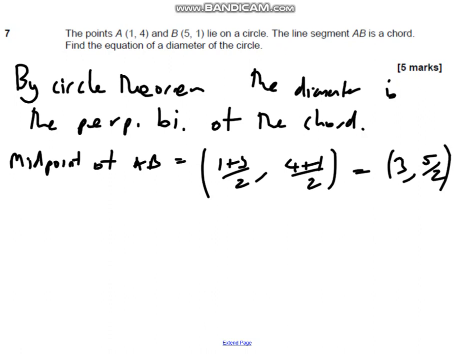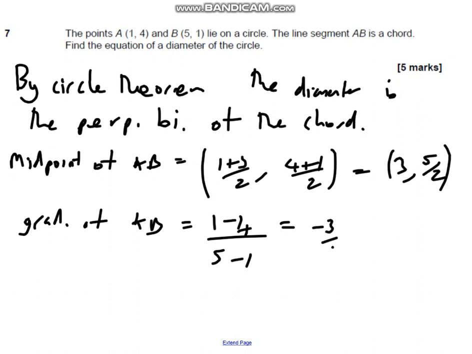And then we've got to find the gradient of AB. And so that's going to be 1 minus 4 all over 5 minus 1, which is minus 3 over 4.